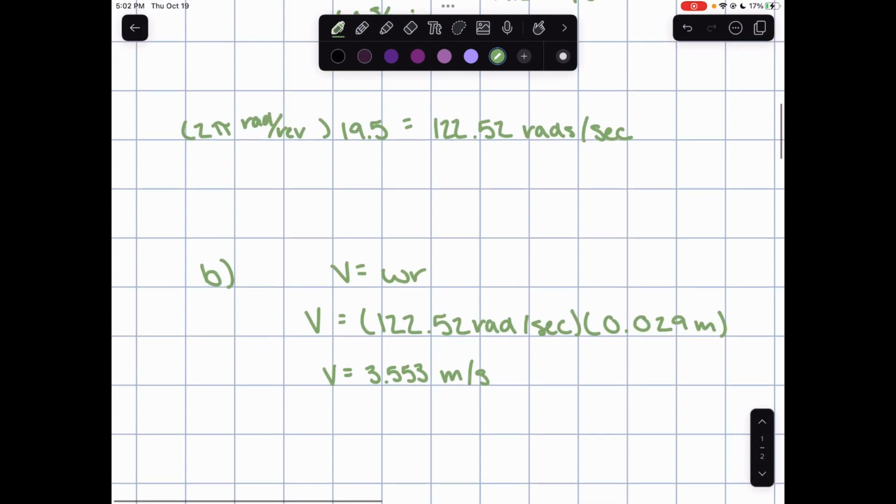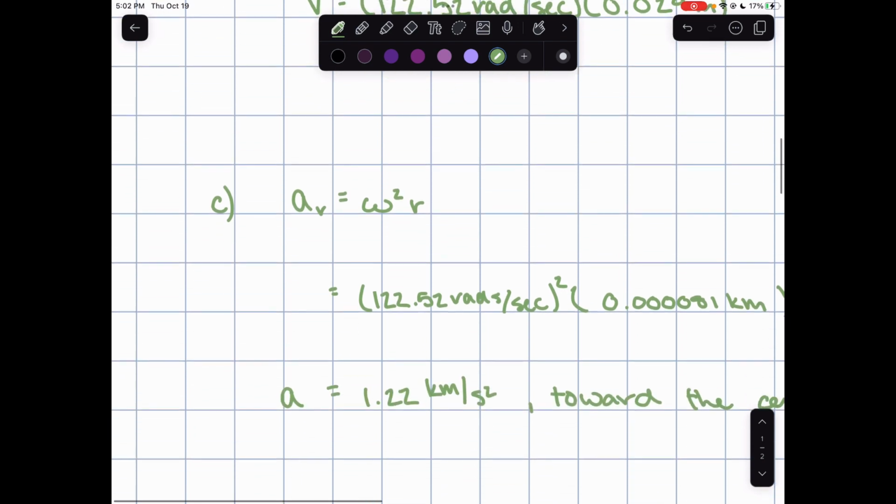So let's take a look at how we're going to do that. First of all, it's important to note that radial acceleration can be written with the same formula as centripetal acceleration. Since centripetal acceleration is a linear quantity, we need to use the equation that will convert angular quantities to linear quantities.